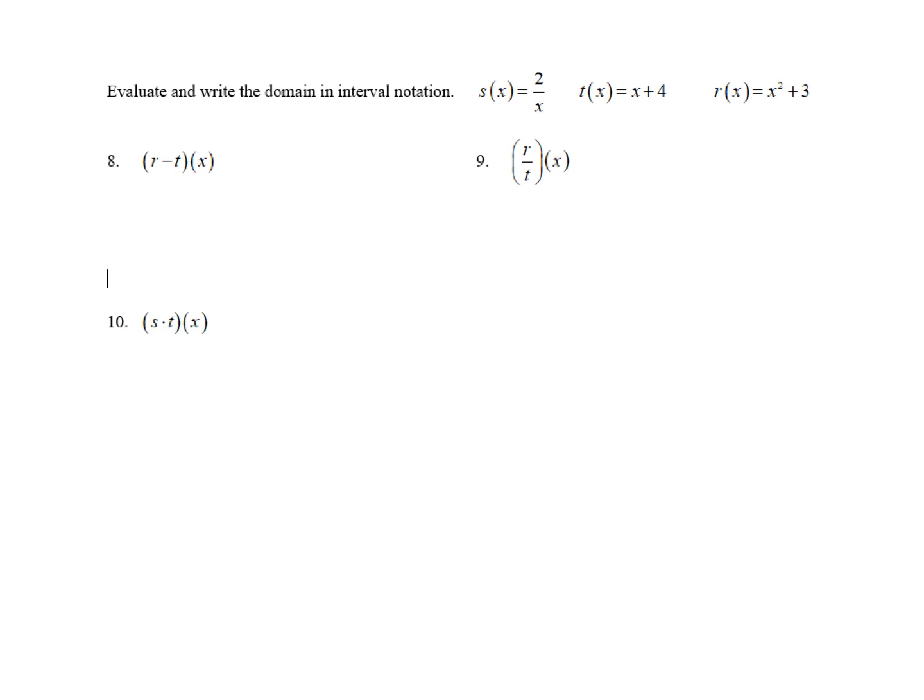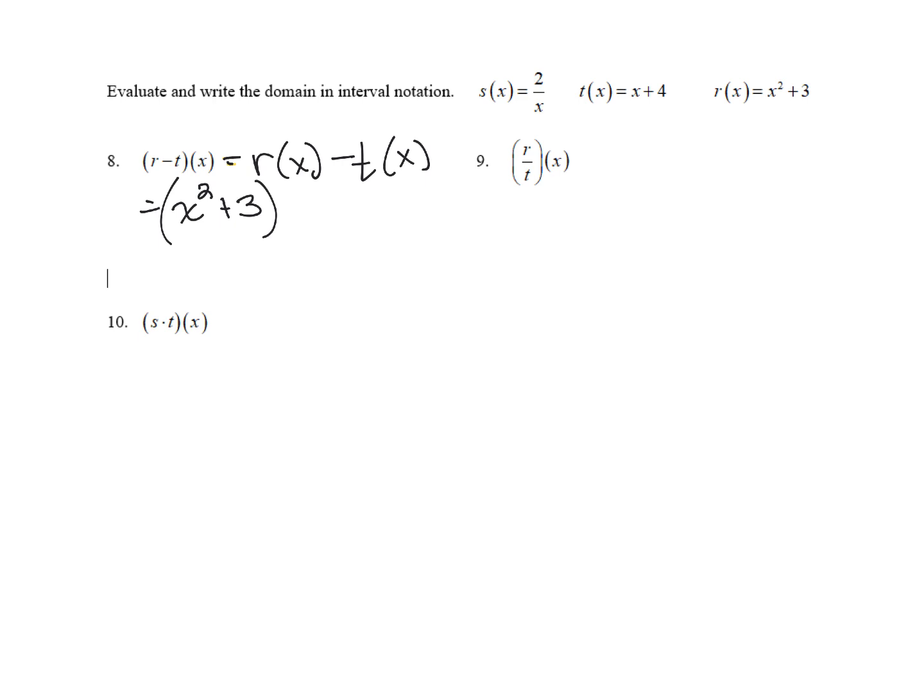So let's do some more evaluating, but this time we're going to talk about what's the domain of the result. Okay, so we're going to start with r minus t of x, which means that we're going to do r of x minus t of x. So what is r of x? Well, r of x is x squared plus 3.